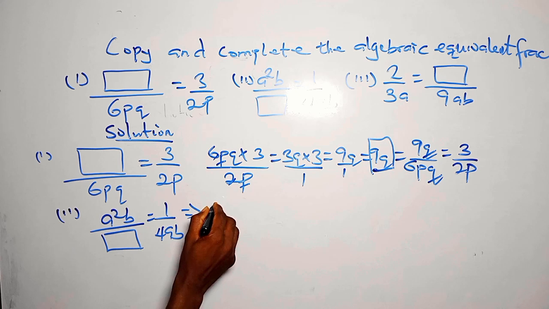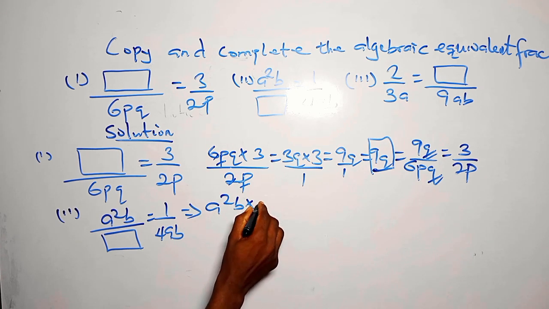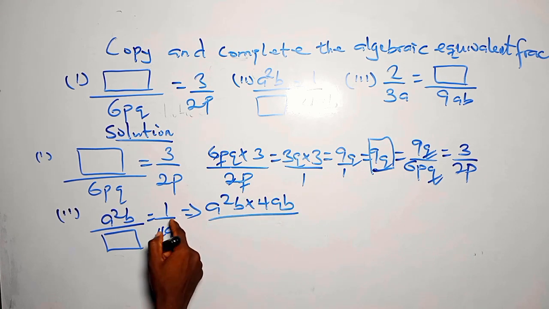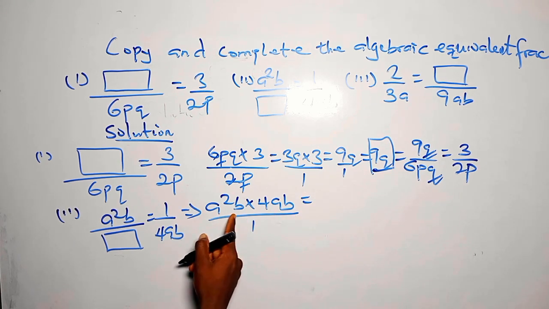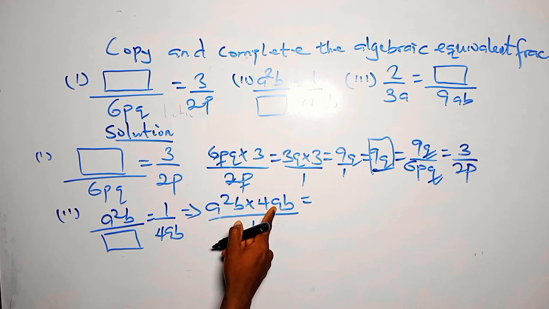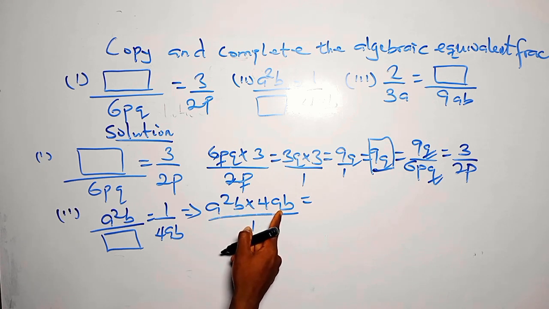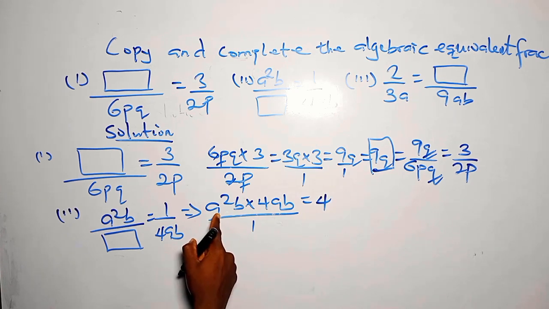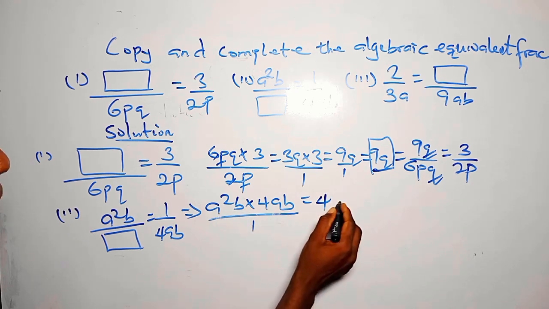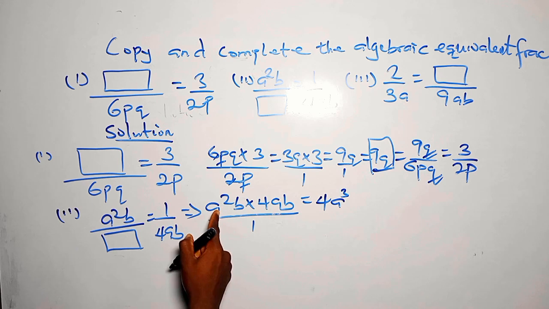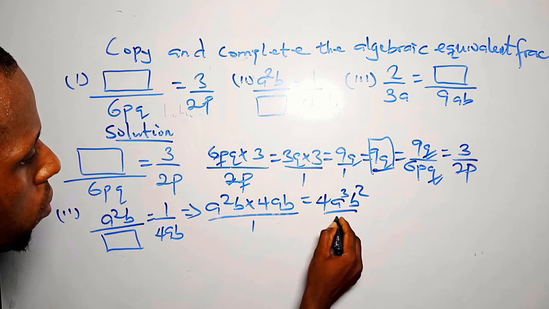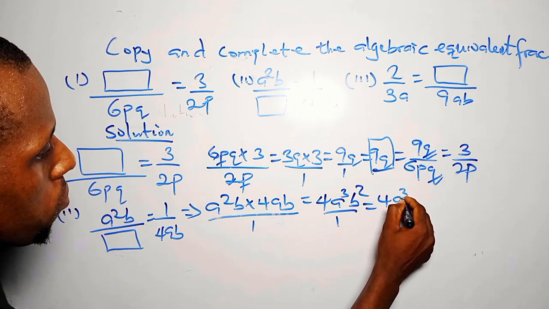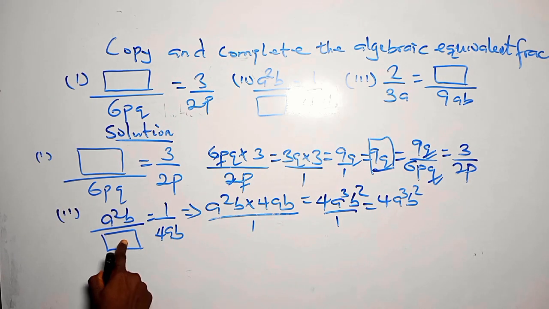So we have a squared b times 4ab divided by 1. We have just 4. For a squared times a, we have a raised to power 3. For b and b, we have b squared. Over 1, which is saying 4a raised to power 3 b squared for the denominator.